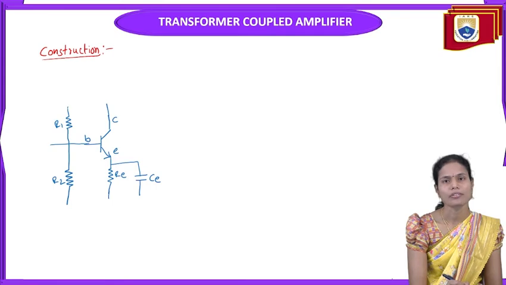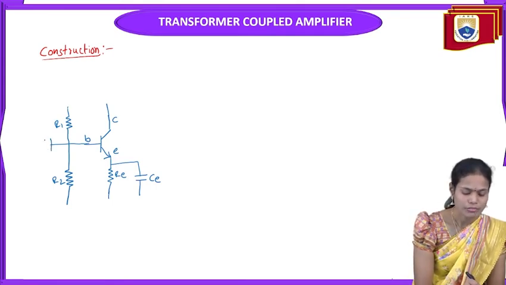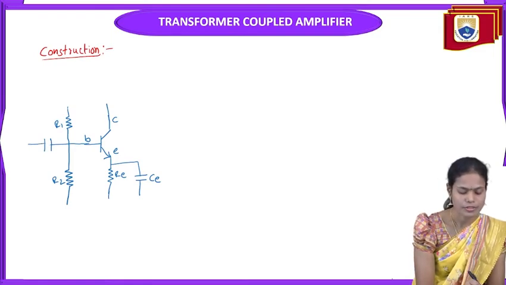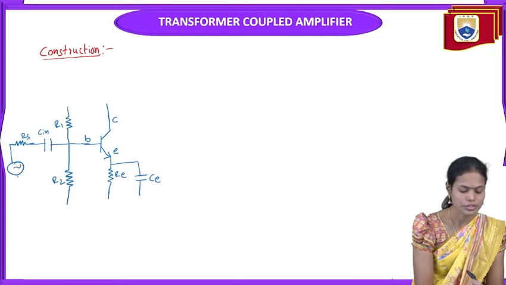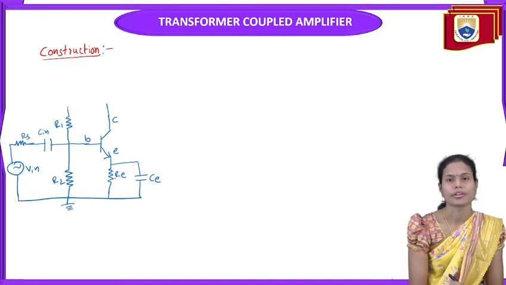The input signal we are providing to the amplifier through the capacitor Cin with the source resistance Rs, and my input signal is Vin. These all terminals are grounded here.